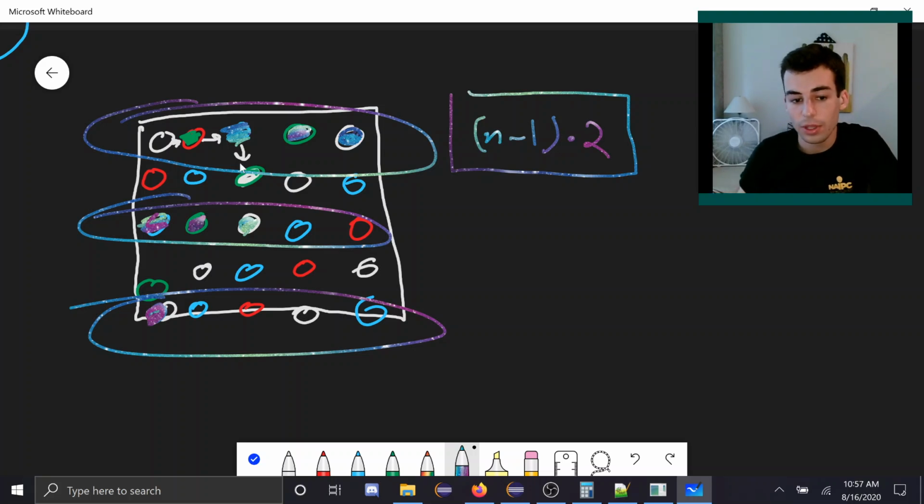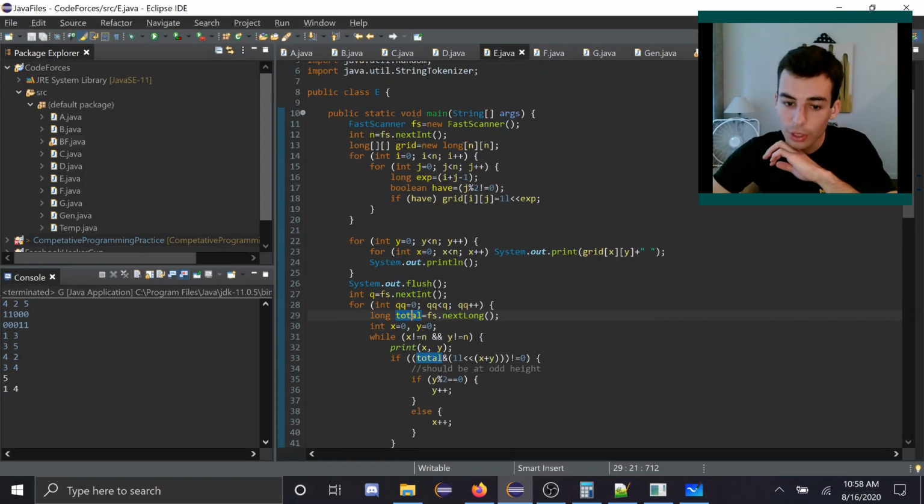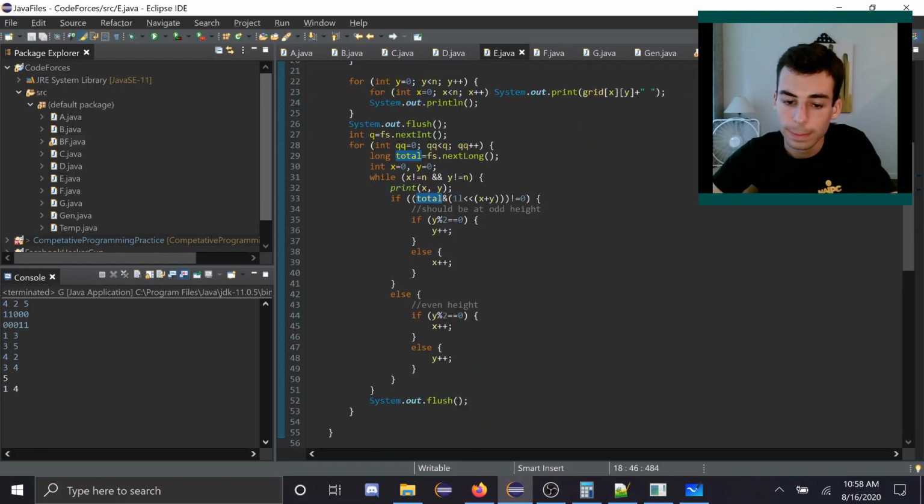So basically, you can figure out for a given step whether after that step you were on an odd height or an even height. Given that information, you can figure out whether you walked right or down. And that's the idea. The code for that is pretty simple. The grid is just going to be, if it's an odd height, then you put a 1 there. Otherwise, you put a 0 there.